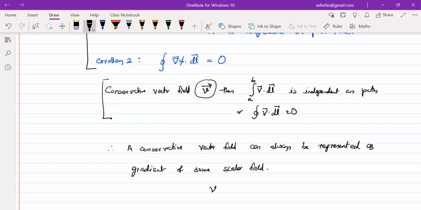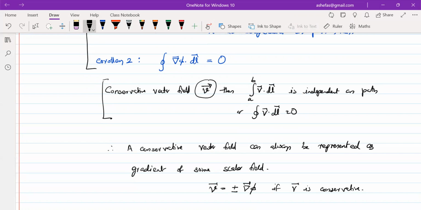So that means V, I can write as plus or minus del phi if V is conservative. It can be plus del phi or minus del phi. So both plus del phi and minus del phi satisfy the same relation or the same property.